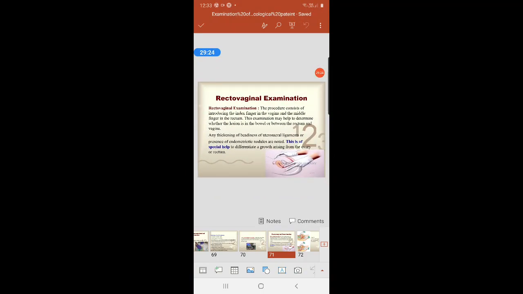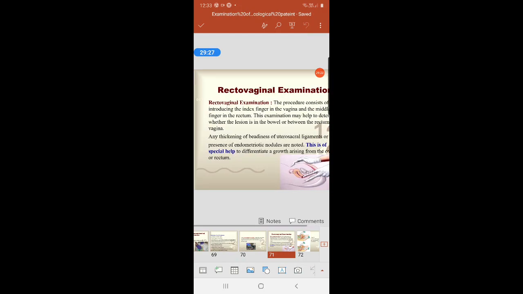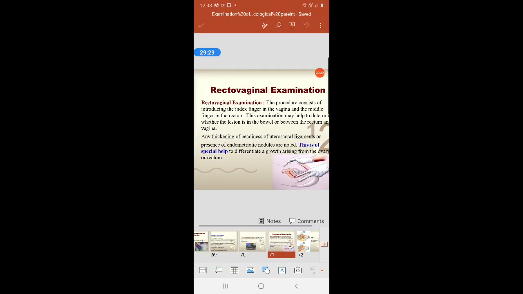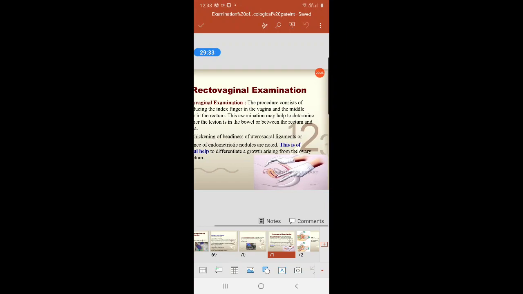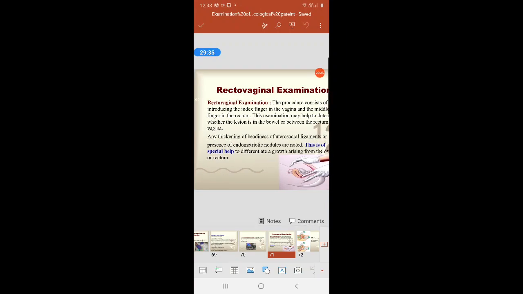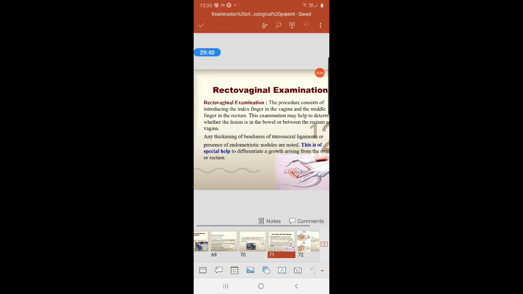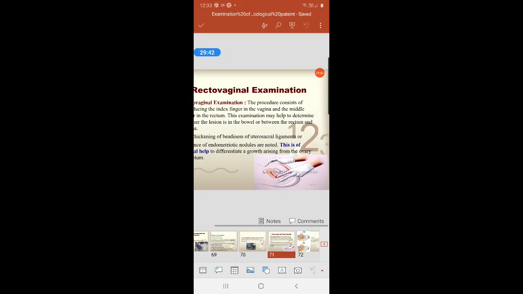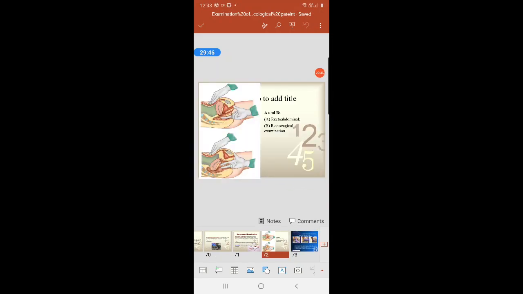The examination may help to determine whether the lesion is in the bowel or in between the rectum and the vagina. Any thickening or beadiness of uterosacral ligaments or presence of endometriotic nodules are to be noted. This is of special help to differentiate a growth arising from the ovary or the rectum.